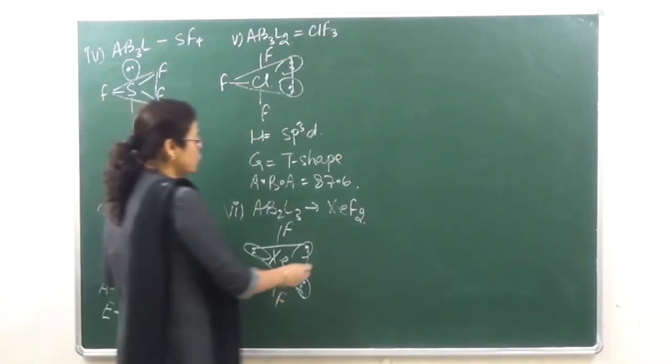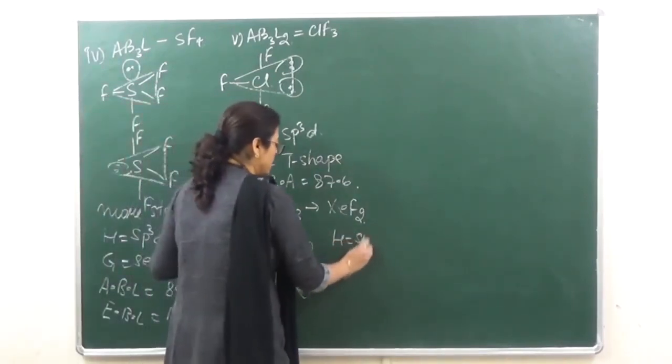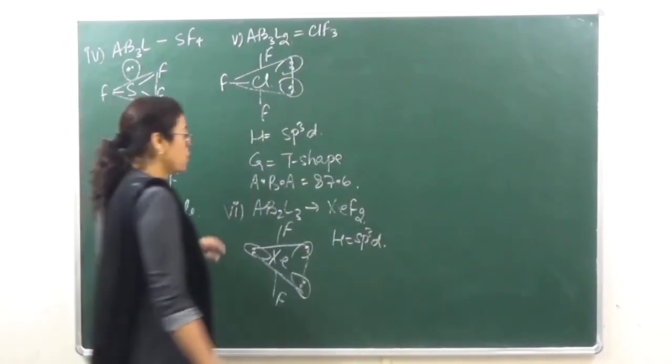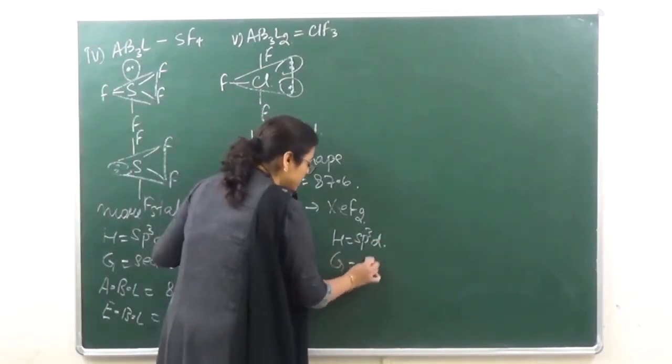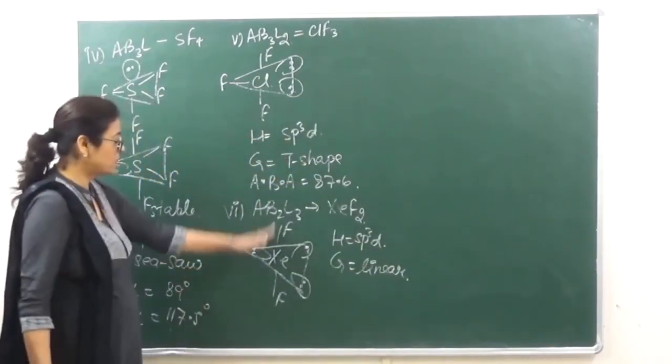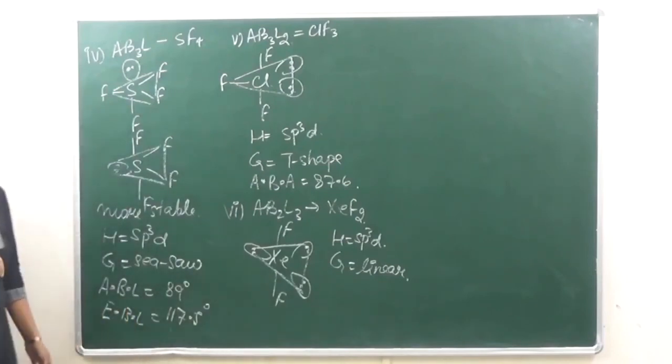Right? Hybridization is going to be sp3d. Geometry is linear. You can see that it is falling in one single line. So the geometry that is going to be linear.